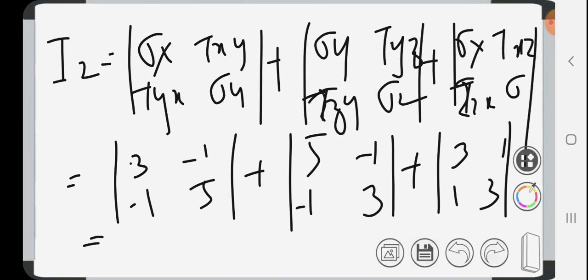So you will get the final value as 36. If you do the calculation, you will get 36 kilopascal.